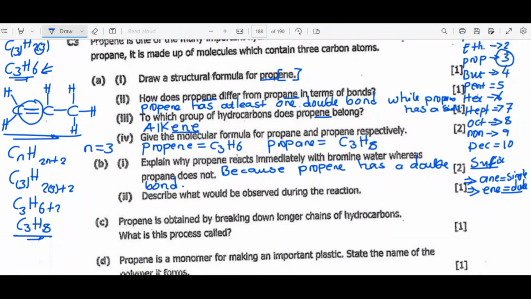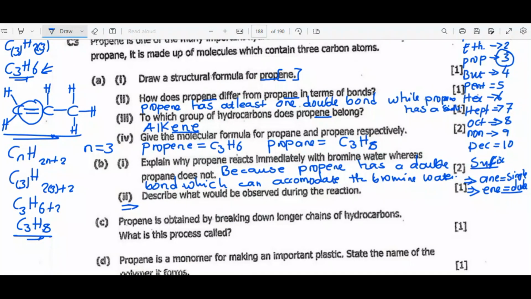But if you want to talk more, we can say because propene has a double bond which can accommodate the bromine water. So double bond or triple bond, these types of bonds are considered to be reactive. They are unsaturated. Now for Roman number 2 under B, describe what would be observed during the reaction.